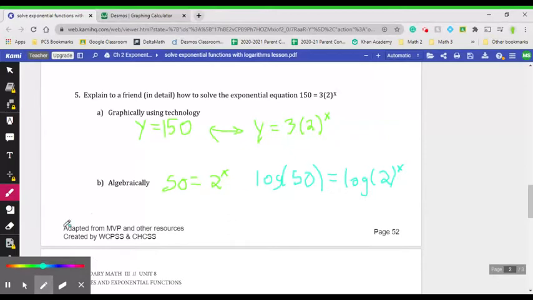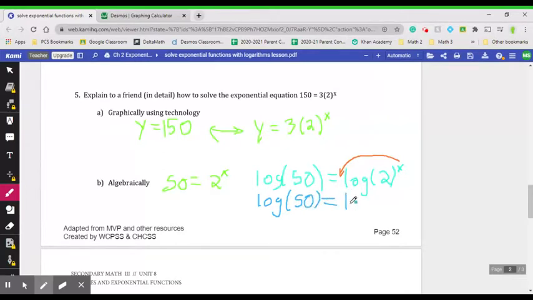And so the next step after that would be moving that x to the front, since it's an exponent already. We can write that out as the log of 50 on the left side being unchanged, and then we have x times the log of 2.